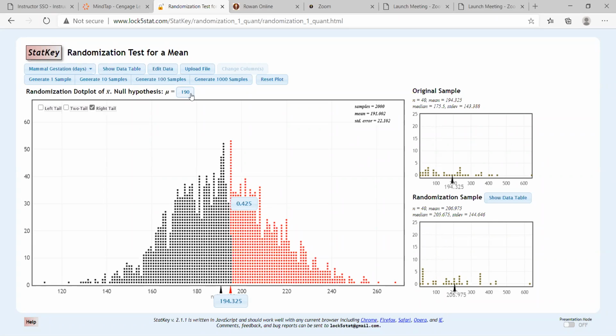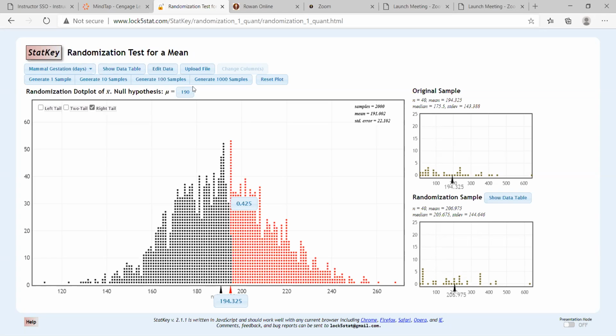Remember, a researcher selects this alpha, or level of significance, before they do the research. So when they select that alpha, the researcher is willing to accept up to a 5% type 1 error. That is, a 5% chance of rejecting the null hypothesis when it is actually true, or something smaller than that. But they're not willing to accept anything bigger than 5%.